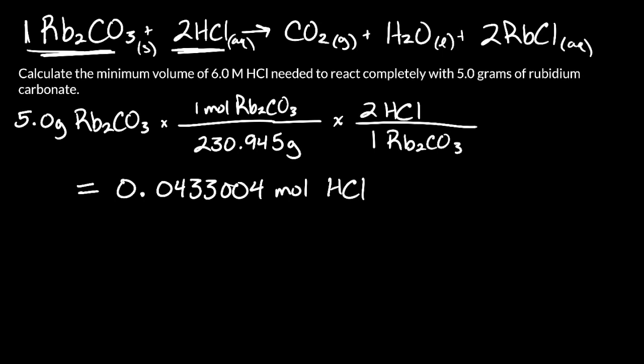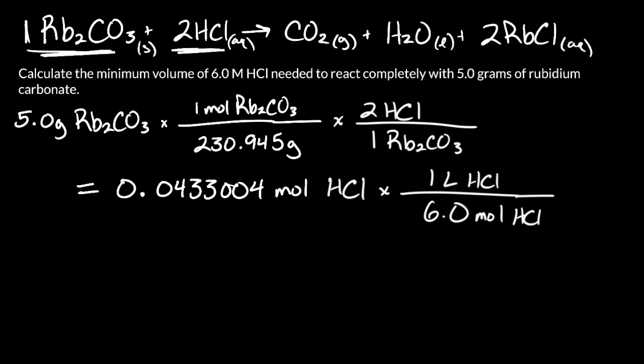So my next step is I need to figure out what volume of HCl we need. And I'm going to show you two ways to do this. I'll show you the dimensional analysis way so that it fits in line with everything that I've got here. And then I'll show you another way that might be a little bit easier to wrap your head around. Okay, so we have 6 molar HCl, which means that 1 liter of HCl contains 6 moles.